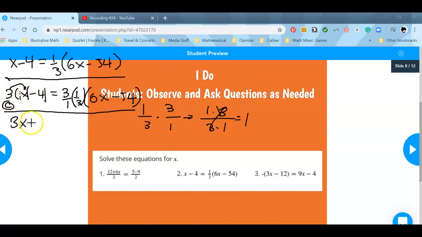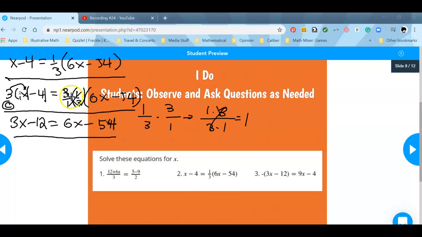I have 1 negative here, so that's odd, so negative. 3 sets of 4, 12. And let's go ahead and get rid of everything outside of that distributive property brackets right there. And that's going to give us 6x minus 54. So there we go. That's a bad 4, but you get the idea. All right. So we apply distributive property.